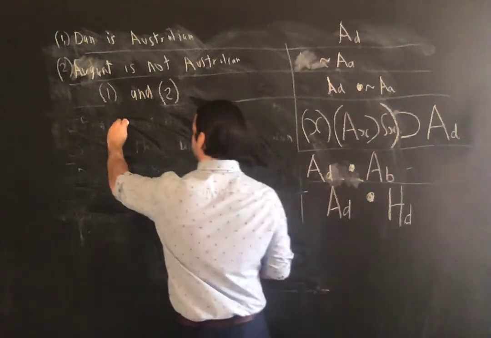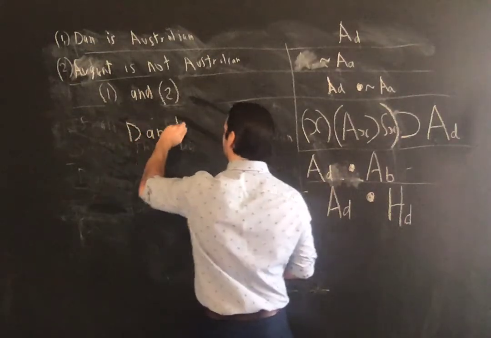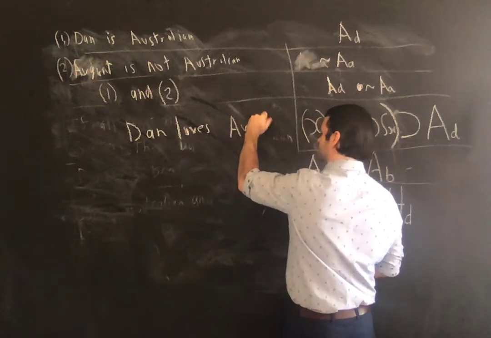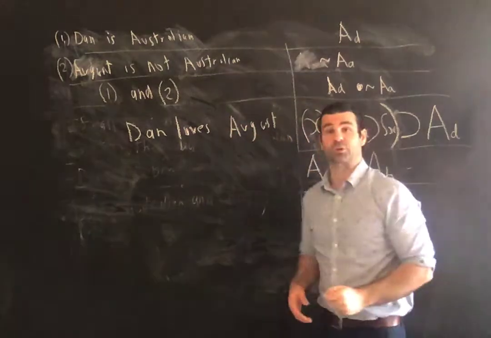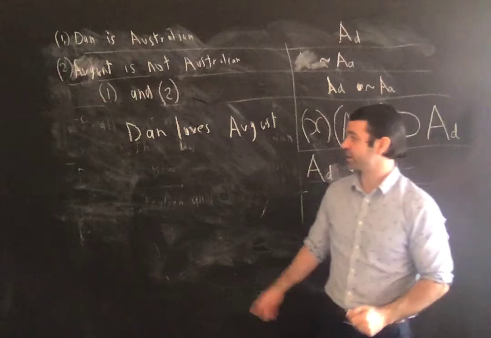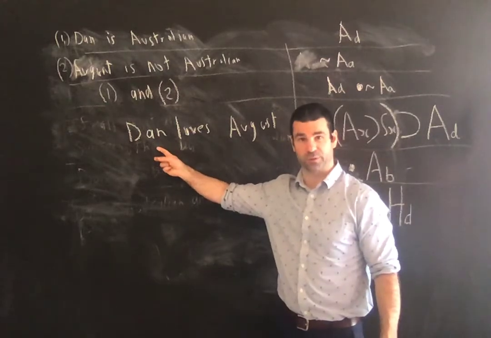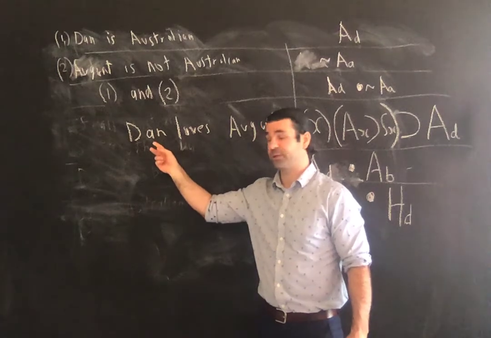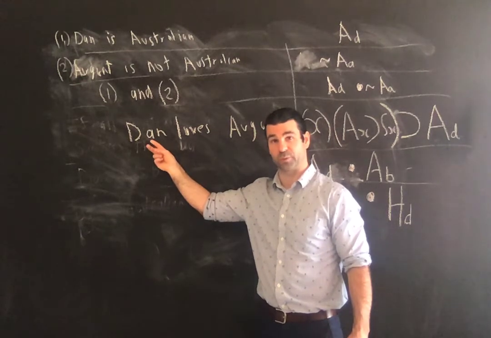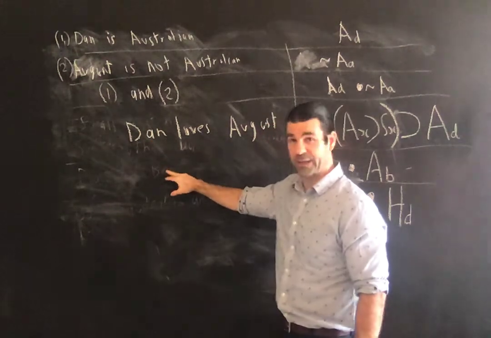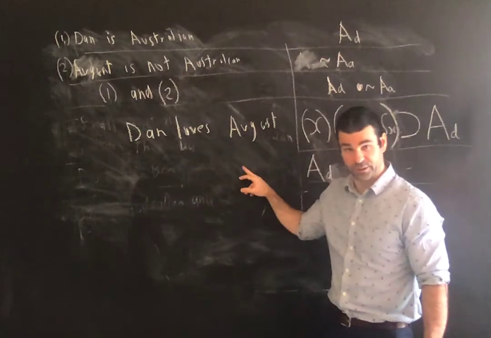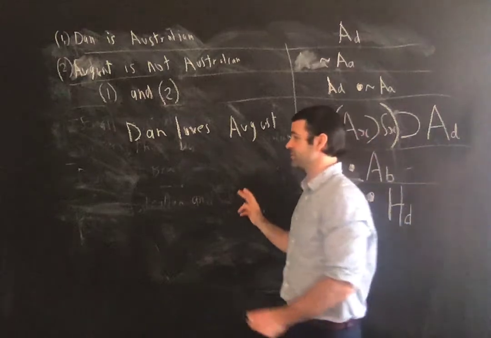For example, Dan loves August. I've got two names. So I can replace Dan with a variable. It's a singular sentence containing names. I can replace this name with a variable and get the propositional function X loves August, still with a name in the propositional function.